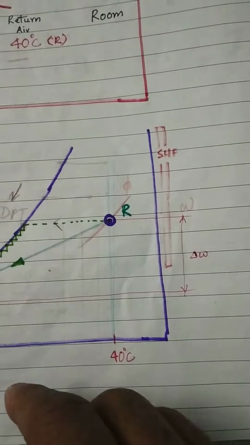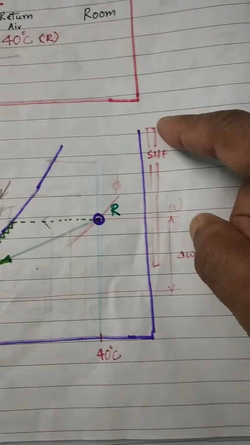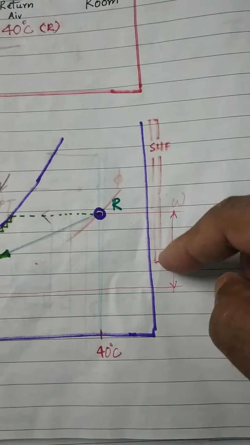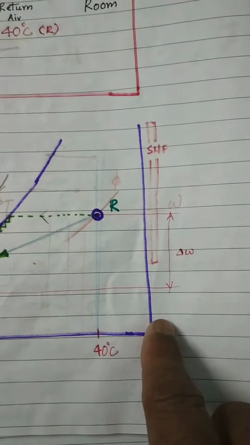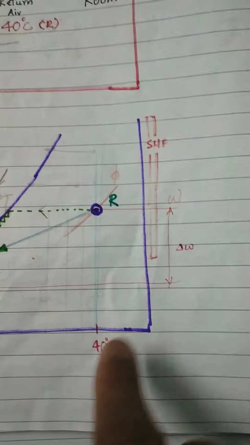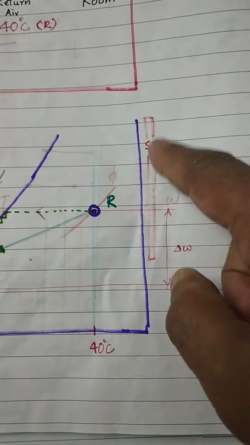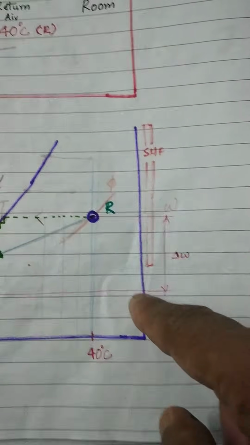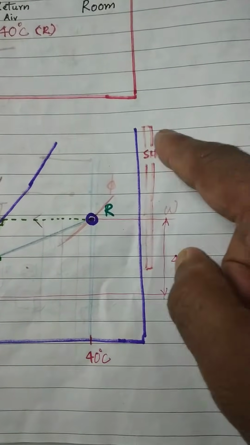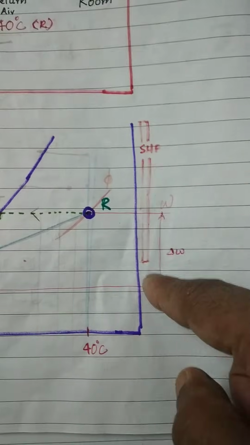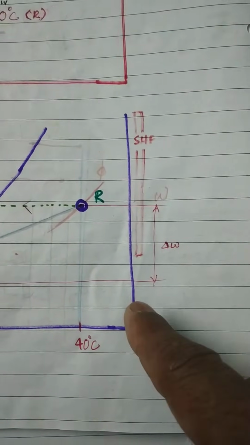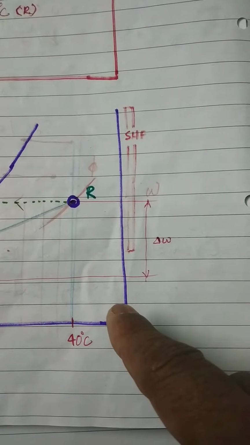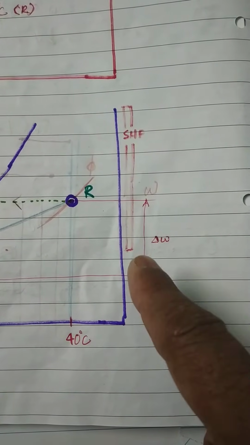Now if you see the psychrometry chart, you will find out a scale over here. There is a scale over here apart from the humidity omega which is shown here and temperature. There is a scale over here which says sensible heat factor, which can be from 0 to 1, or 1 to 0.